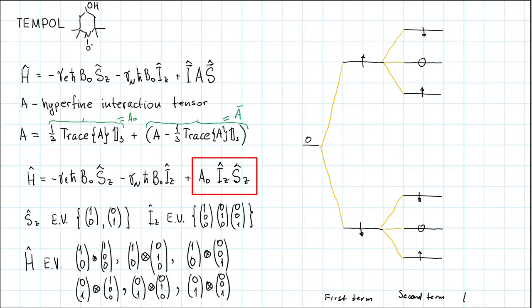Now we can consider the third term in the Hamiltonian. The question is how this Hamiltonian term will shift the six energy levels which are depicted here. It can be easily shown that the three energy levels which correspond to the three states with the electron spin projection upwards will be moved together.